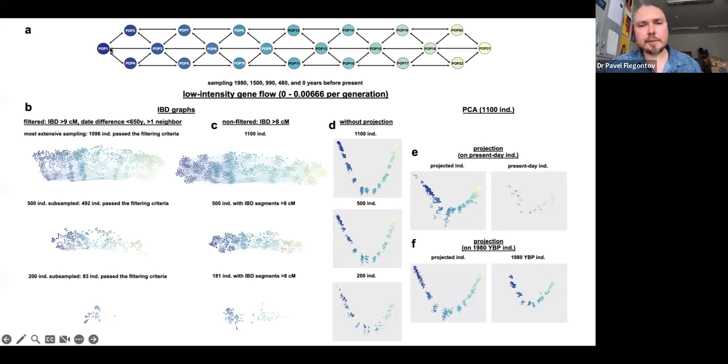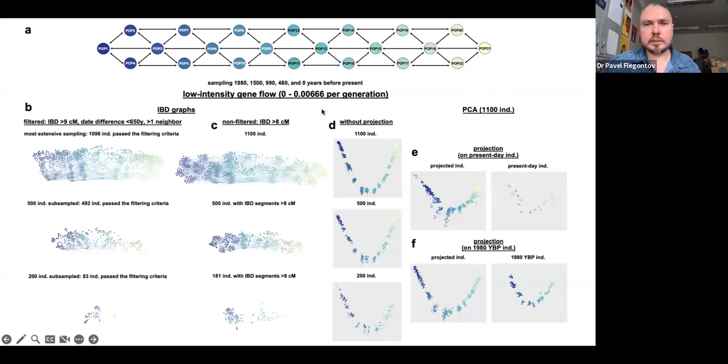And we use a method which is very simple, and we term it IBD graph. And here we compare reconstructions of populations to rupture using IBD graphs and using various kinds of PCA.